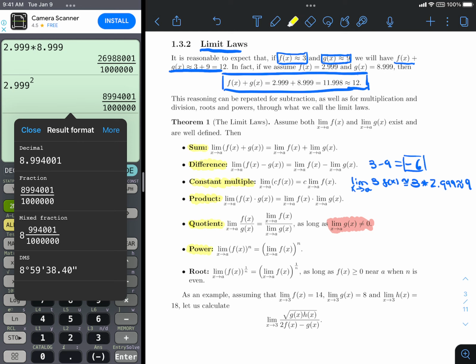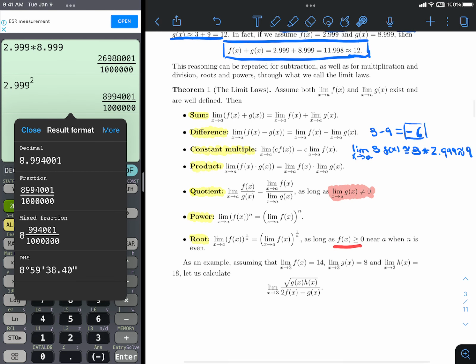The root is one other rule that you have to be careful with, because when the root is even, n even, meaning like a square root or fourth root or sixth root, you need to have the input of the function be positive or at least non-negative.